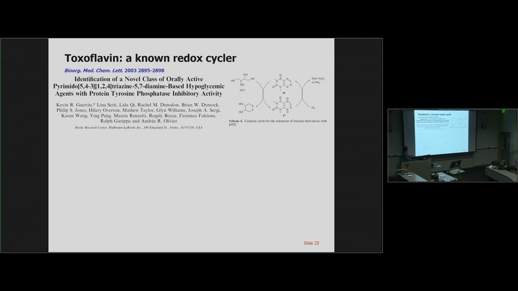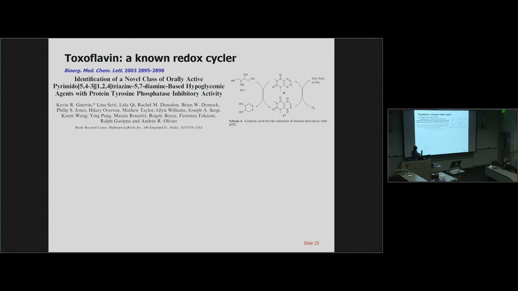And what they found is that toxaflavin, in the presence of common reducing agents such as DTT, can be reduced and then spontaneously oxidizes in the presence of molecular oxygen to generate hydrogen peroxide. And hydrogen peroxide can then go on to oxidize the active site of PTP1B. Hydrogen peroxide, of course, is also a second messenger. It's a very potent cell-based signal.